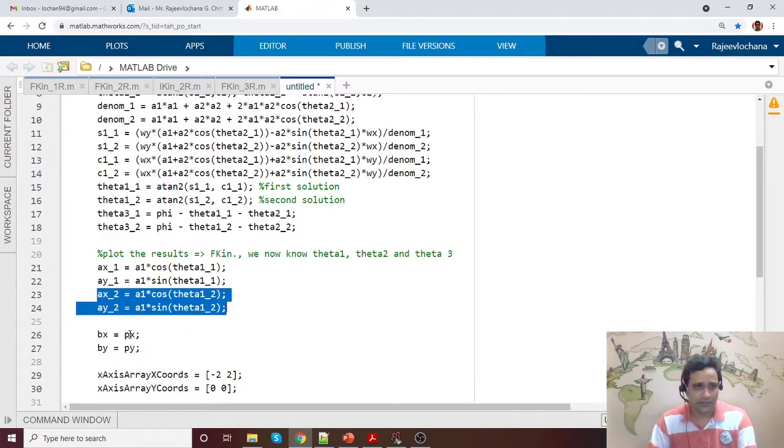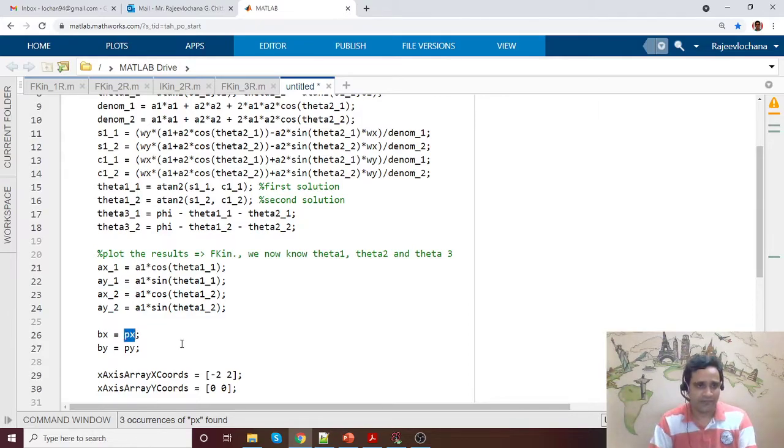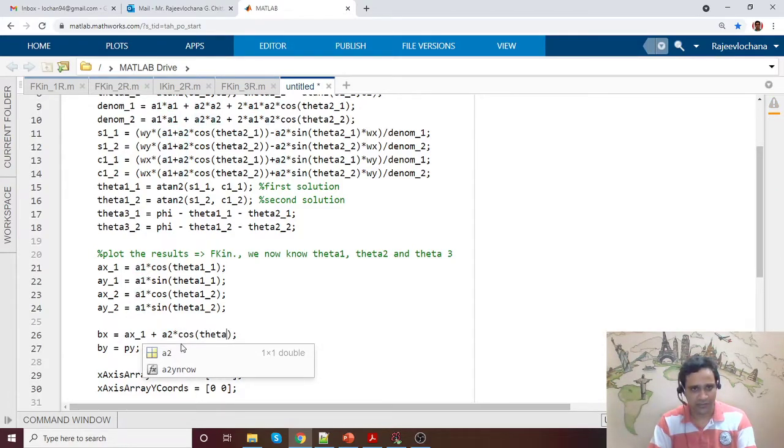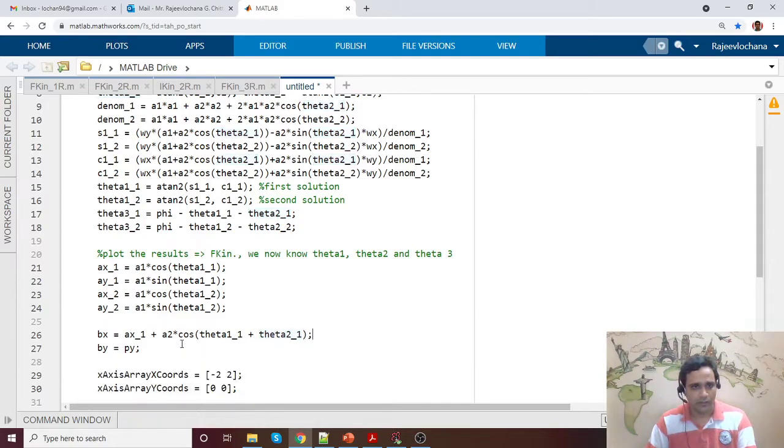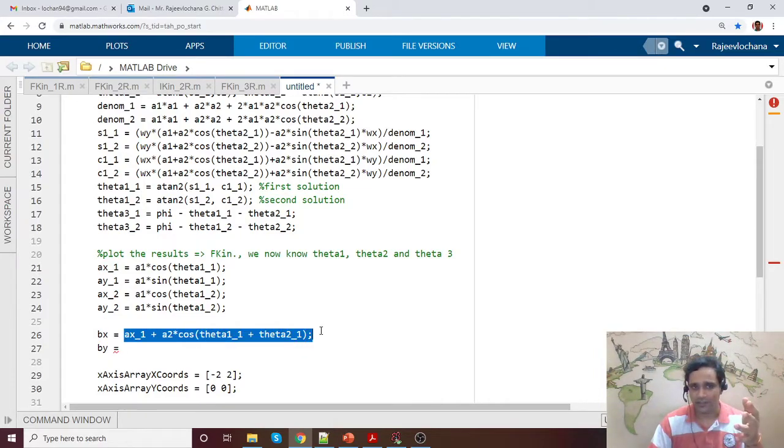Similarly for BX and BY we'll have AX underscore 1 plus A2 into cos of the first solution theta 1 underscore 1 plus theta 2 underscore 1. Okay, so this is the tip of the point Bx, or you already had these as your Wx and Wy.